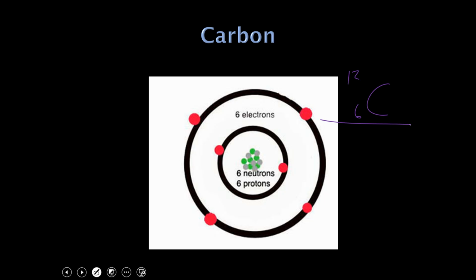Well, we already know that that 6 means it has 6 protons, and you can see that right there. 12 minus 6 will tell us the number of neutrons, and so there's 6 neutrons, and that's what that says. Now, while the mass number doesn't tell you this, the atomic number does. You can also see the electrons that are circling around there, and there's 6 of those in there as well, so they've labeled that right there for you.